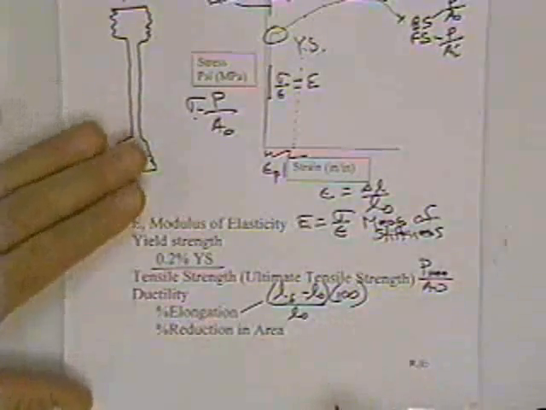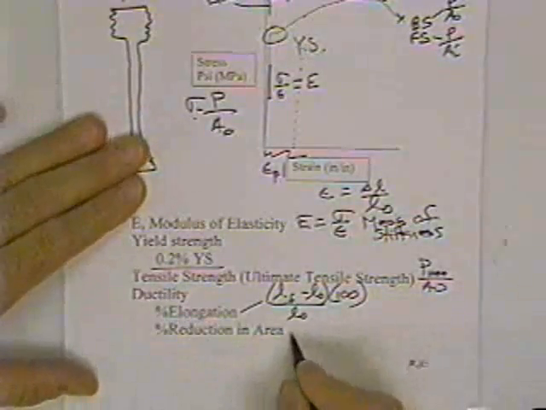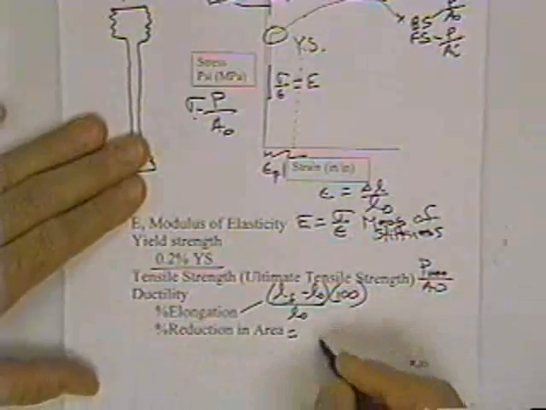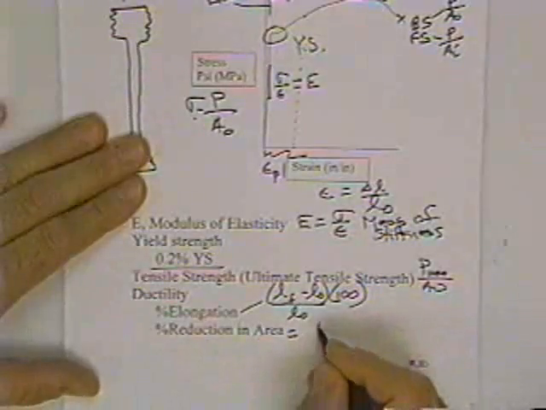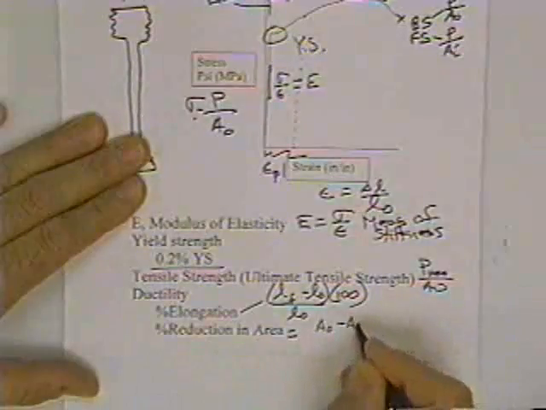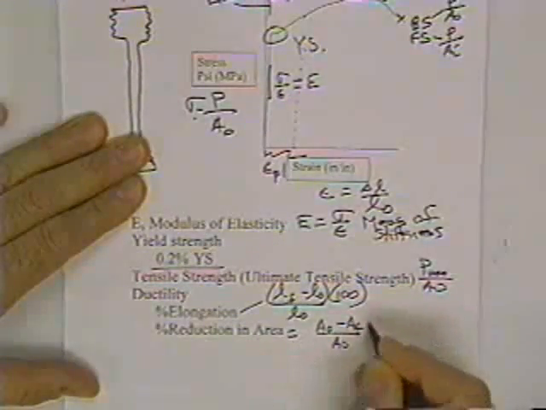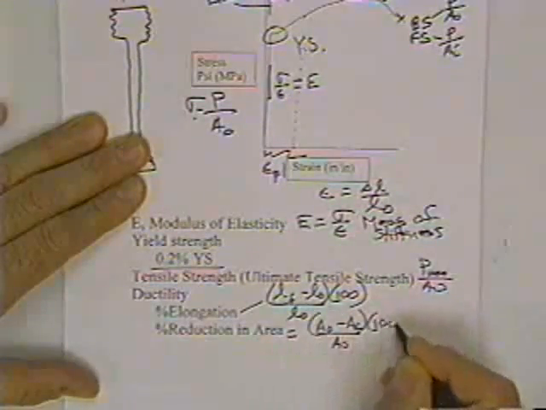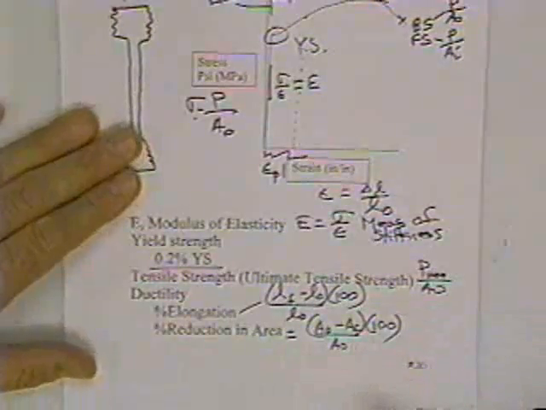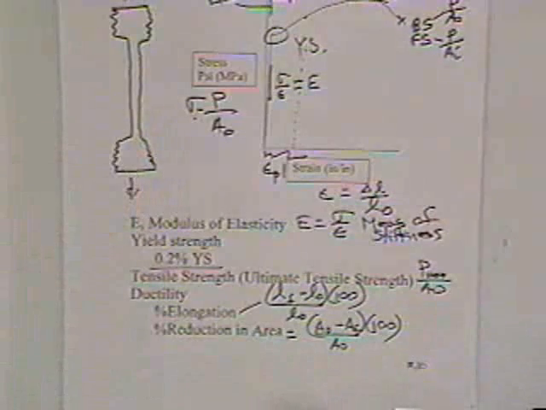And that's a good measure of uniform deformation. Another is the percent reduction in area. Percent reduction in area is A0 minus the final area over A0, again times 100. And that's a good measure of the amount of localized deformation. So those are two measures of ductility.